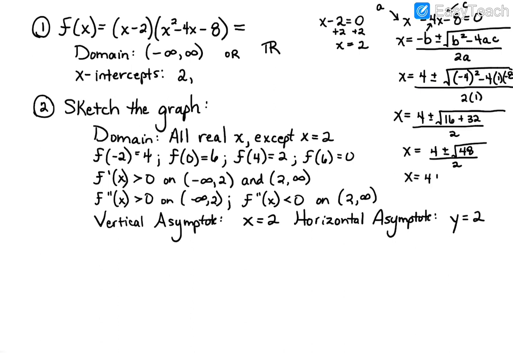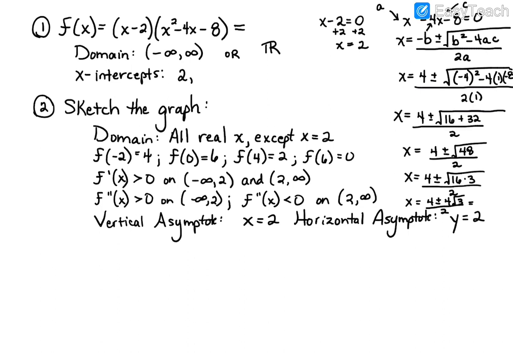break that down further. If you think about the number 48, it has a perfect square factor of 16. So if I write it as 16 times 3, then the square root of 16 will pull a 4 out of that radical. The 3 gets left in the radical, and you still are dividing by 2.